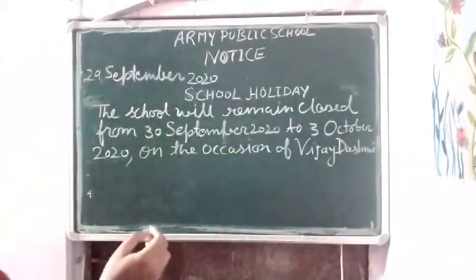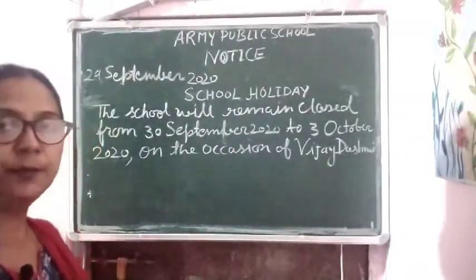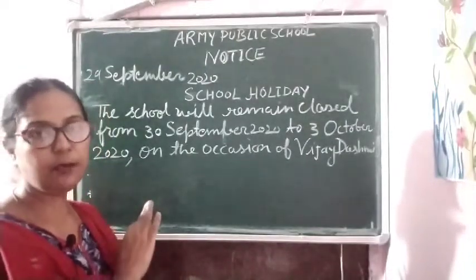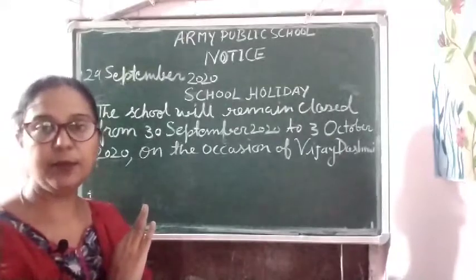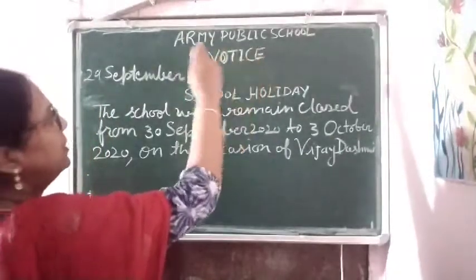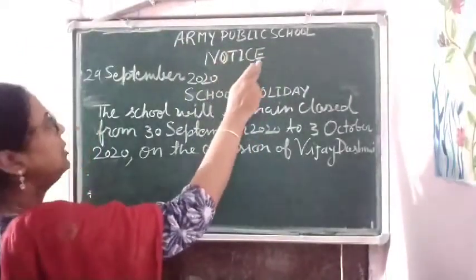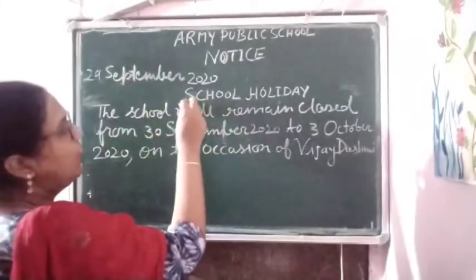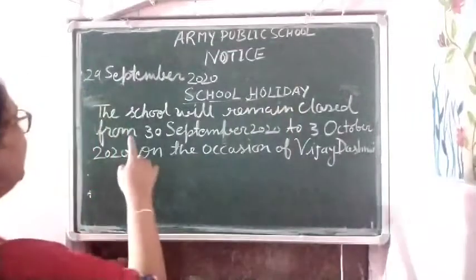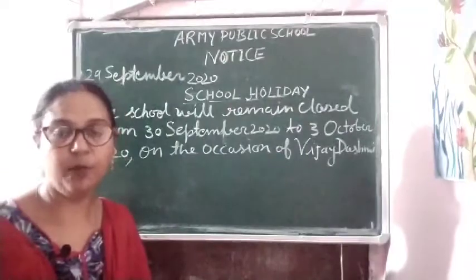At the end of this notice we will write the signature, name and then designation. All that we have read in the question, we have mentioned: Army Public School, the institution name, then NOTICE, then date, then topic, or you can say the heading, and after that we have written the main content of the notice.